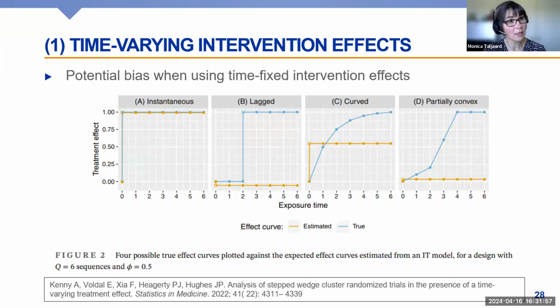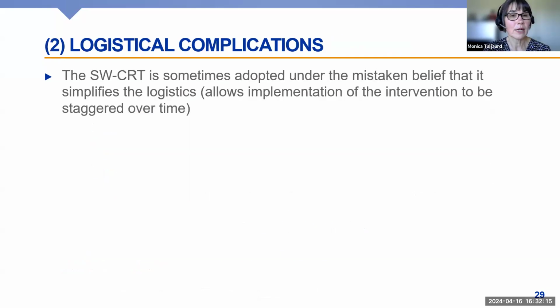We're assuming an instantaneous treatment effect when actually there was a lag that wasn't acknowledged in the analysis. And similar for the other 2 scenarios. So this is pretty scary, and we actually have to do a lot more in thinking about the nature of the intervention effect that we are trying to estimate in our trial.